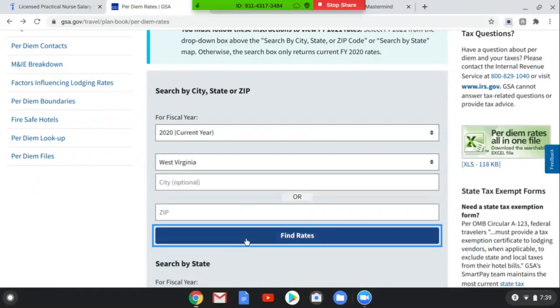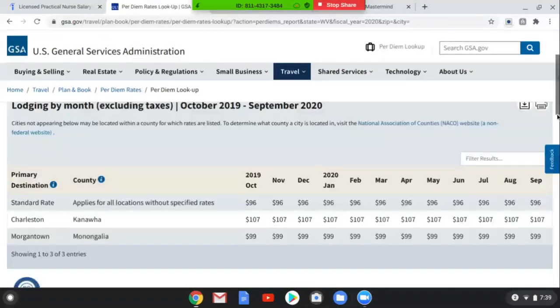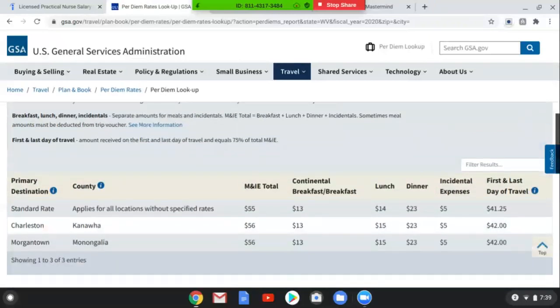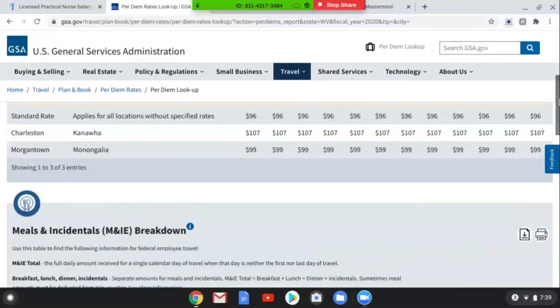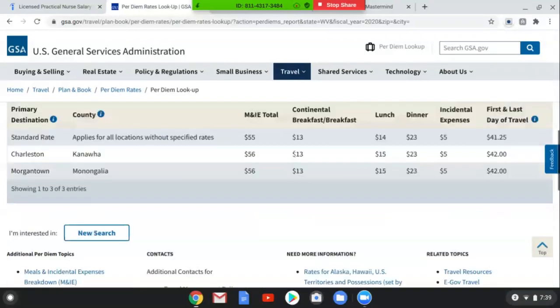So the same thing, you'll see the breakdown, and then they'll break down the city. So it's called the standard rate, applies for all locations without specified rate. So if you try to look up your city and state and it comes up as a standard rate, there are quite a few states where it's just a standard rate no matter the time of year. Which looks a lot different than what we saw when we looked up DC.